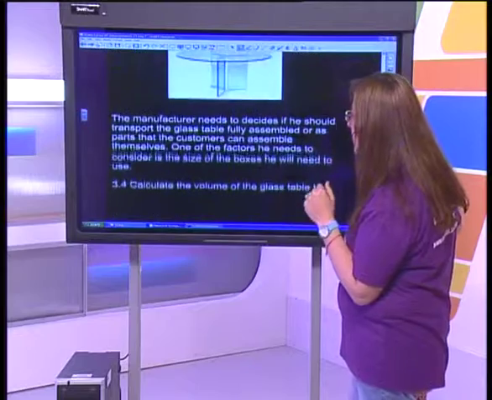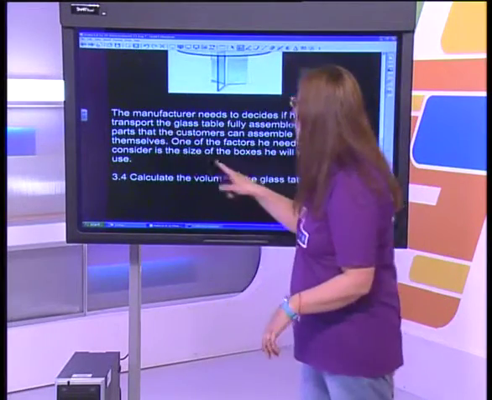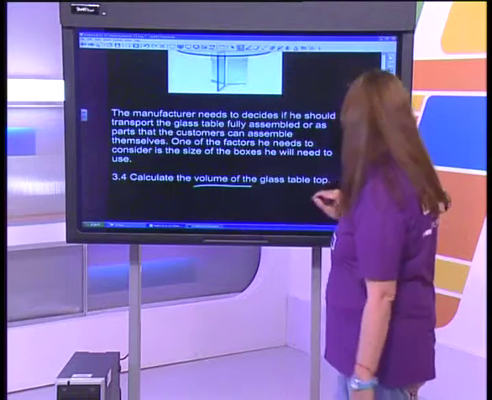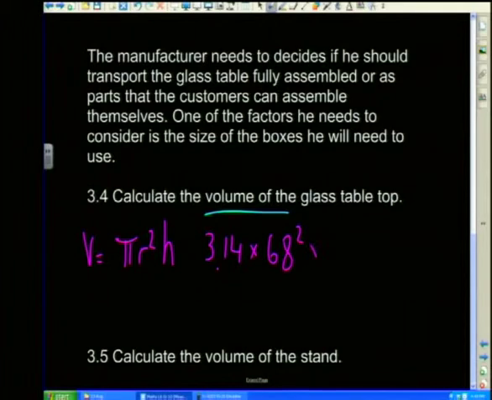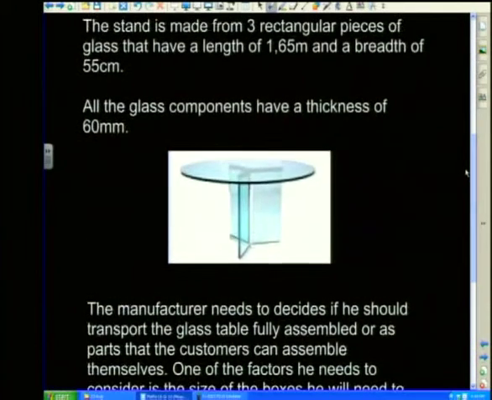I don't think I missed out any questions, so let's carry on. We need to calculate the volume of the glass tabletop. We had already worked out the area, but our volume is pi r squared times the height. So it's 3,14 times my radius of 68 squared times my height. What was the height of my shape? That was the thickness. The height is that tiny little thing there, and it's 60 millimeters.